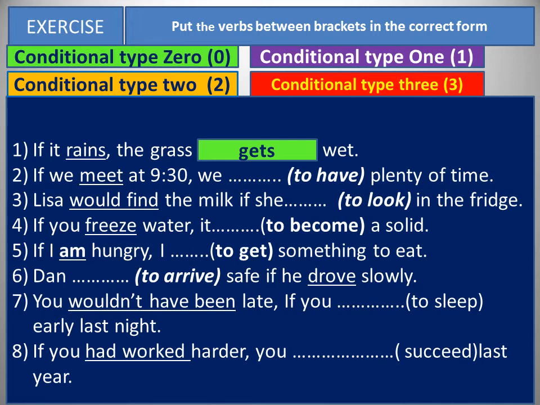If we meet at 9:30, and we have the verb to have plenty of time. So the answer is, if we meet at 9:30, we will have plenty of time.